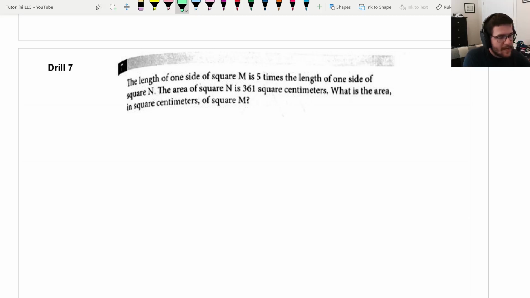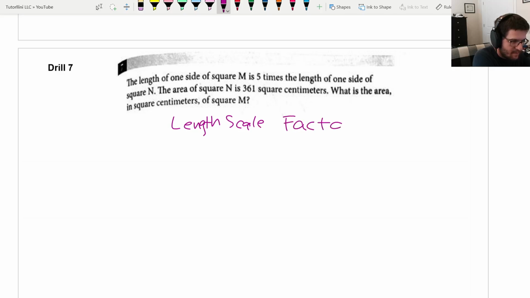Okay, so I'm actually going to go over this. You can use the square formulas, but what they're testing you on here is scale factors. The length scale factor we call capital K. And the perimeter scale factor is equal to the length scale factor.